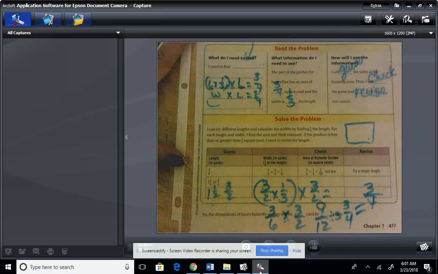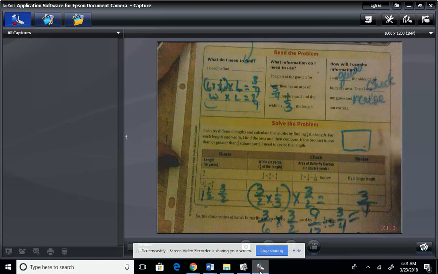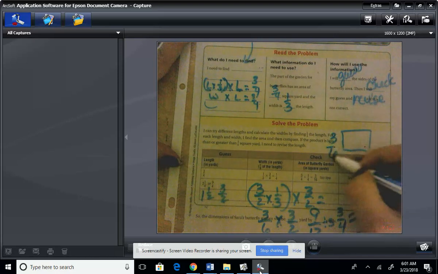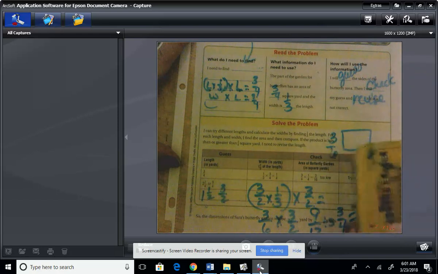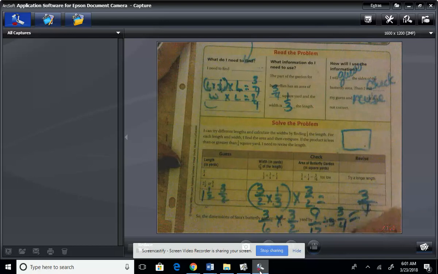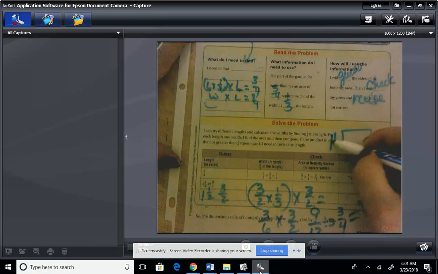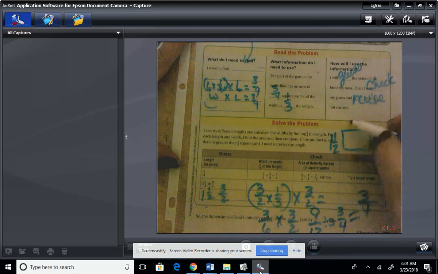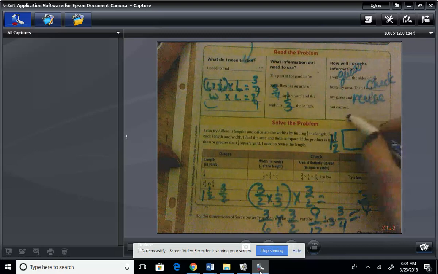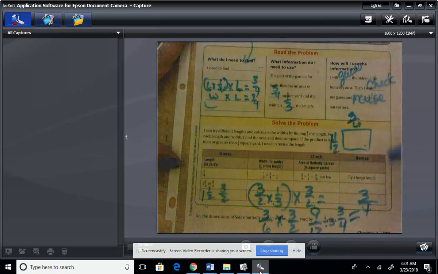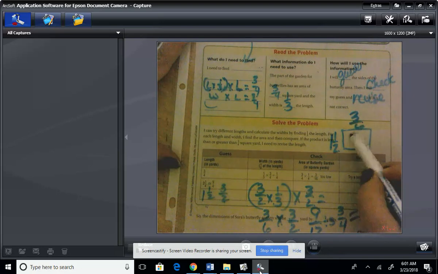So what is that saying our dimensions were? Our dimensions were 3, 6 by 9/12. 3, 6 equaled 3/4.